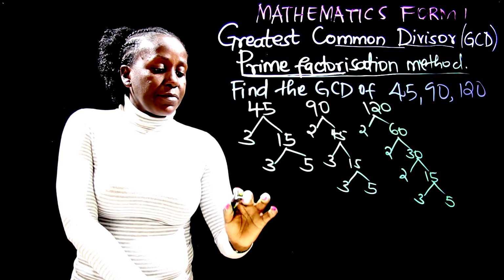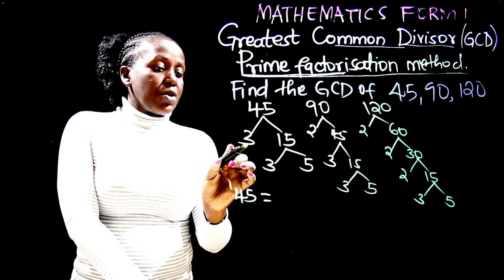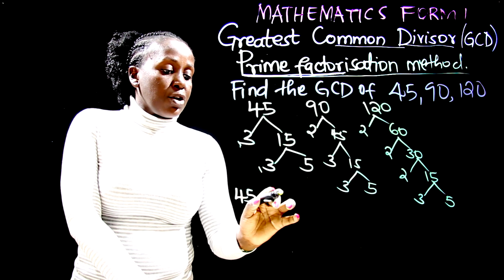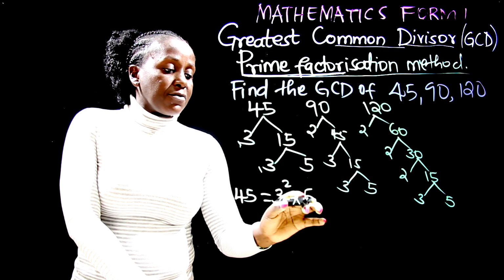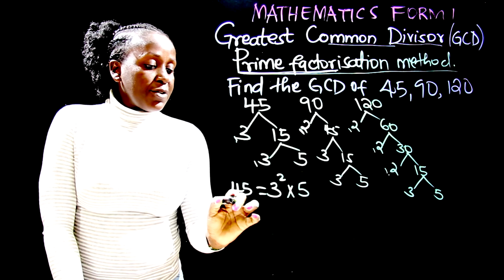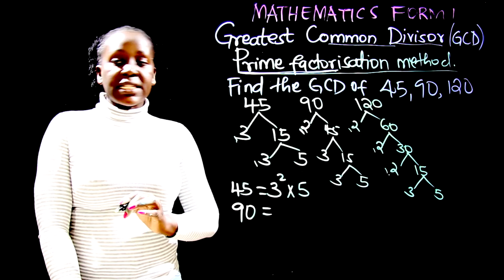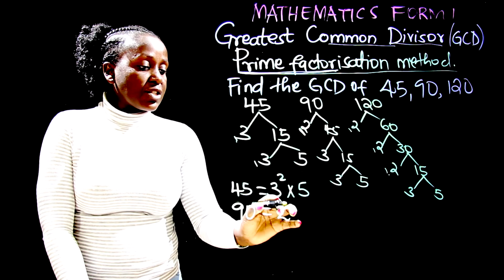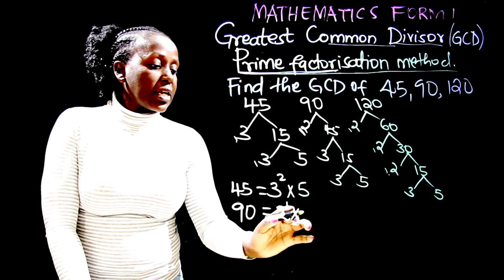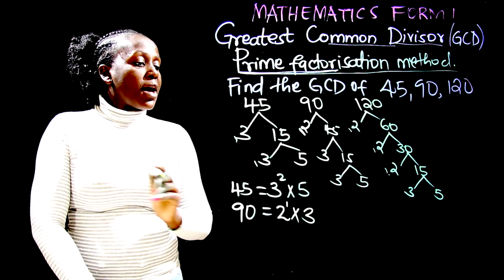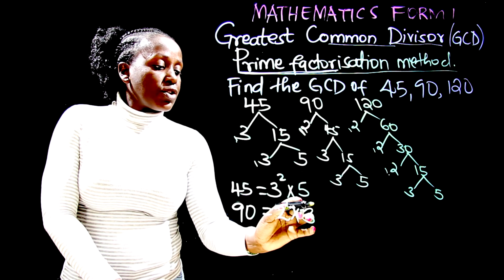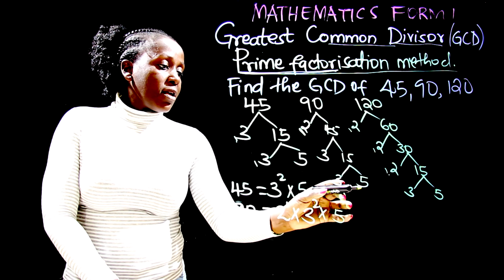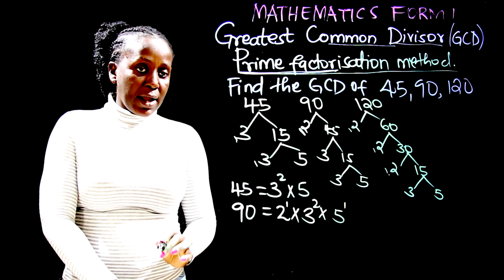So 45 will be equal to 3 power 2 because there are 2 3's. So 3 power 2 times 5. Now the factors of 90 can be expressed as a product in the form we have 2, there's only 1 2, so it is 2 power 1 times 3. How many 3's do we have? 1, 2. So 3 power 2 times 5 power, there's only 1 5, so power 1.